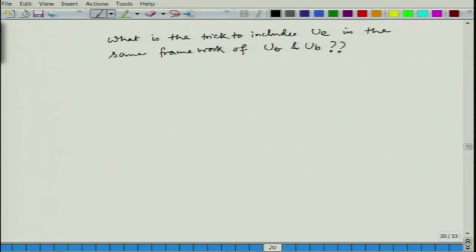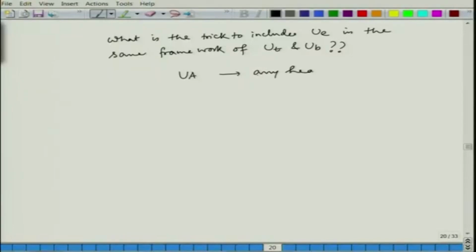So, the trick is that whenever we find some heat losses, we find them in terms of U into A. Any heat loss will involve a loss coefficient U and an area A. Here, for edge loss, this UA will be for the edges of the collector.